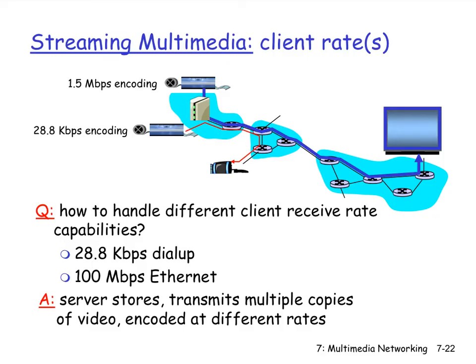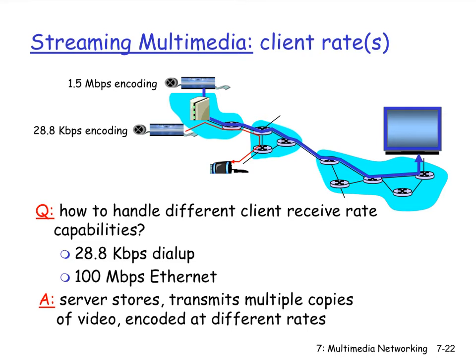All right, so typically on the internet, we have another factor of variation which we need to account for, and this is the fact that the potential clients may have different capabilities. Some clients may have a high speed connection through, for example, fiber optics.